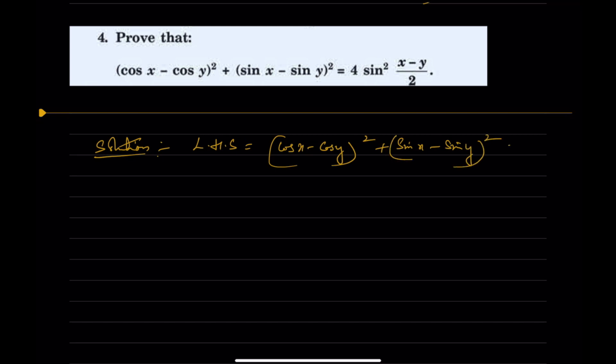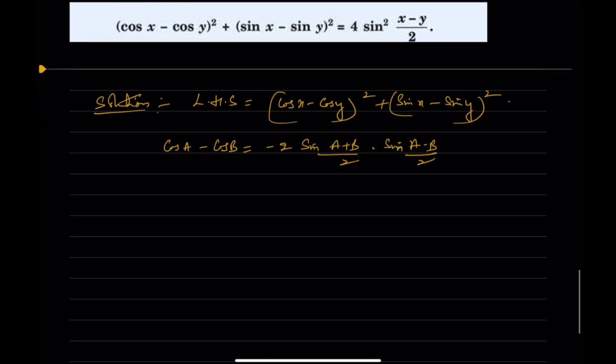So here I am writing again the formulas. Cos A minus cos B is equal to minus 2 sin (A plus B by 2) into sin (A minus B by 2). And what is sin A minus sin B equal to? It is equal to 2 cos (A plus B by 2) into sin (A minus B by 2).